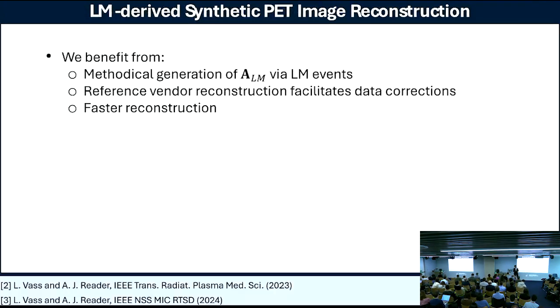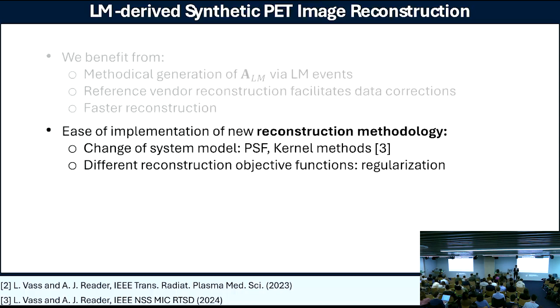So with this, we can benefit from a methodical generation of a system matrix using the acquired events directly. And as I mentioned before, we facilitate all of the corrections as well as the sensitivity image via the vendor reconstruction. And we can reconstruct a high quality image, sometimes faster, especially when we're using fewer events or a smaller system matrix.